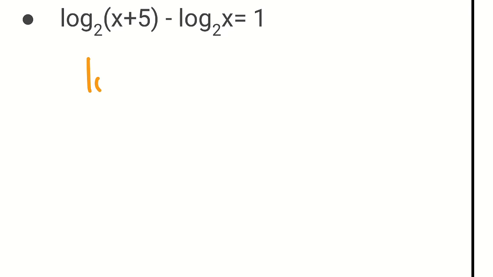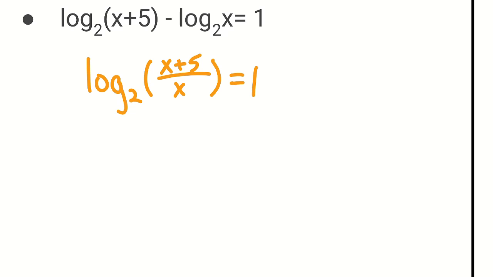Well, we're going to get a log base 2. Yes, you're exactly right. So we have x plus 5 divided by x. That's exactly right. And that equals 1. And I'm not going to lie, that looks terrible. That's hard, right? Well, let's work with it and see if it really is.